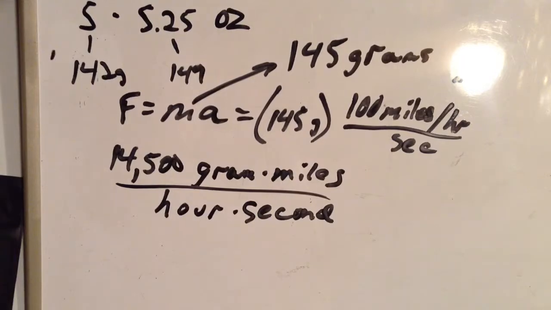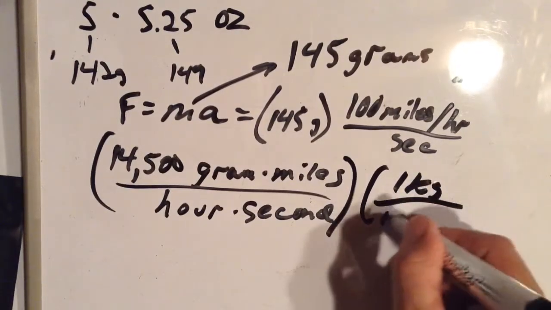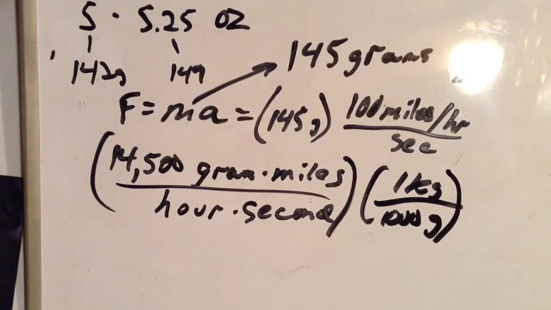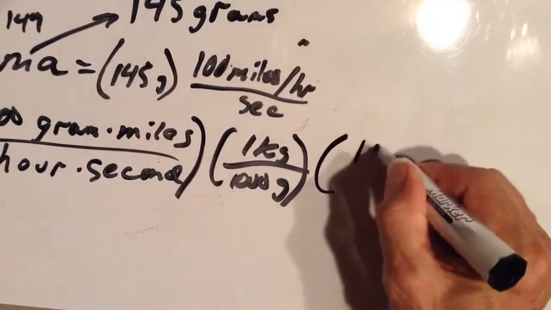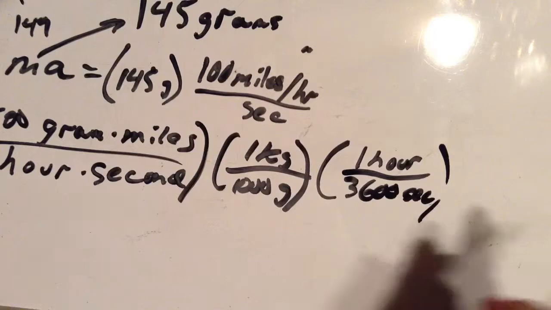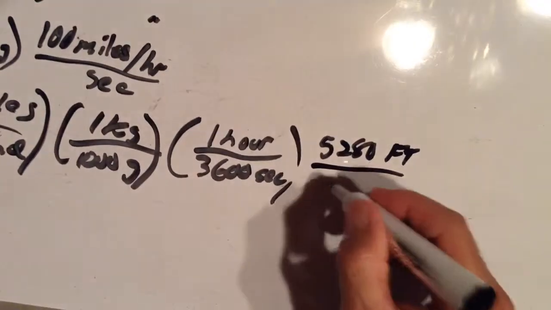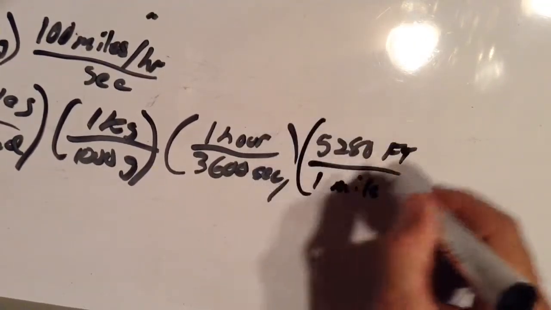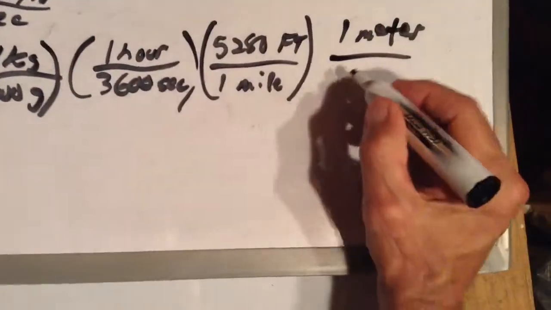We multiply by 1 kilogram per 1,000 grams, 1 hour per 3,600 seconds, 5,280 feet per 1 mile, and 1 meter per 3.281 feet.